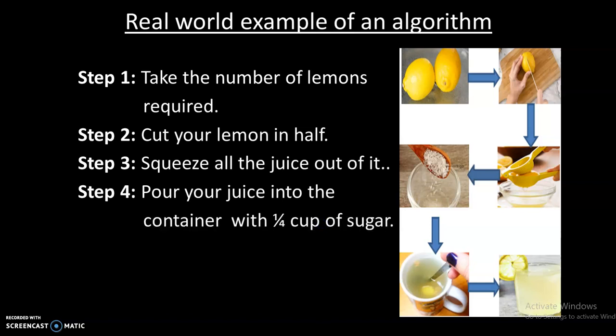Step 1 is to take the number of lemons required for preparing the lemon juice. Step 2 is to cut each of the lemons in half, then squeeze all the juice out of them. Then pour the juice into a container with 1/4 cup of sugar. After that, stir until the sugar dissolves completely in the water.